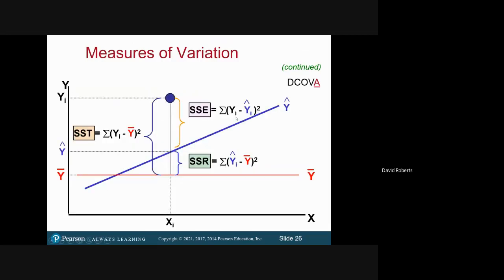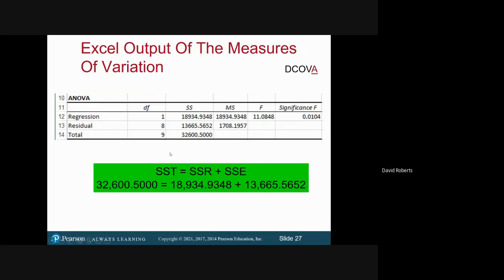So here's our nice graph on it. We have the explained and the unexplained. You have the regression factor. All right. So the explained SSR is 18,934, and the unexplained is 13,665, for a total variation of 32,600.